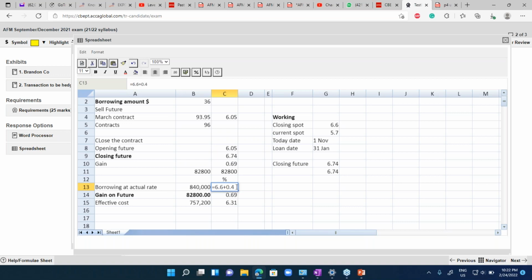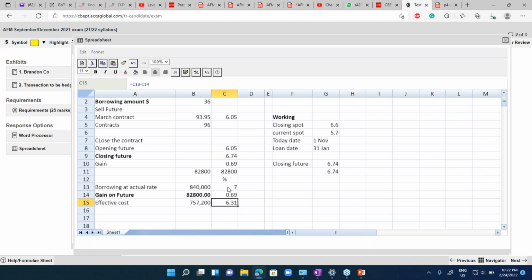Plus, whenever you are borrowing, you have to pay the spread, that is 0.4. Spread will always be considered in the last step. So 6.6 is the base rate, 0.4 is the spread, so your borrowing cost will be 7%. Gain on future is 0.69, so the net cost will be 6.31%.